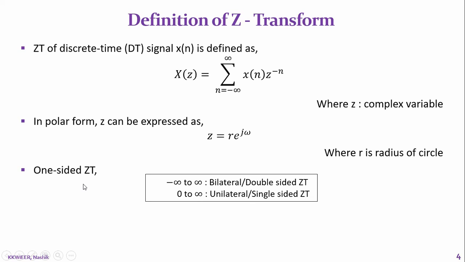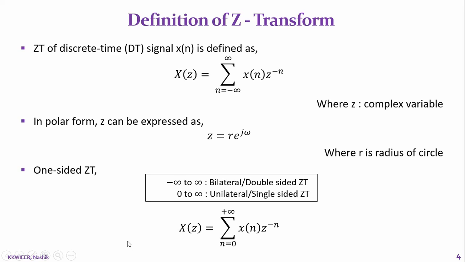Now, to give the expression for a one-sided Z transform, can you guess what the limits for the summation will be? Yes, it will be 0 to infinity. So this is the one-sided Z transform, x of z is equal to summation n equals 0 to plus infinity x of n z raised to minus n. What does that mean? This n will have only positive values.